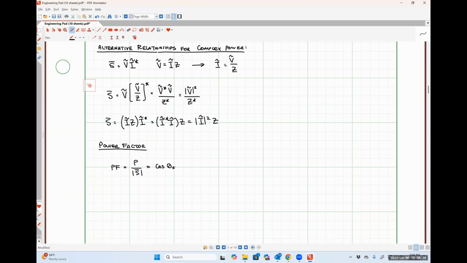So the closer the power factor is to 1, the more efficient from the utility standpoint the system is operating. And the closer it is to 0, the more money they're wasting on creating power. Okay.